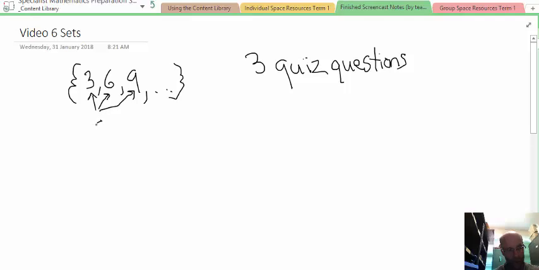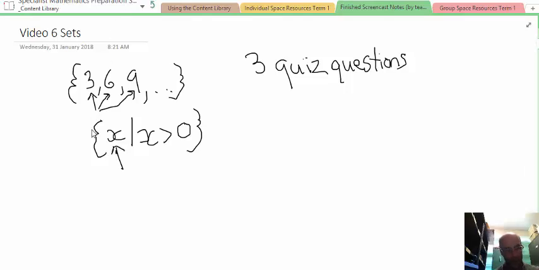Getting back to our content now, we have something like this which has a certain meaning. You can see here we have some symbols, and these have a certain meaning. This means the elements X. This line here means such that.